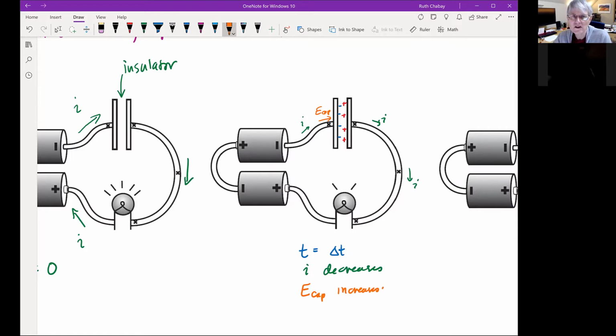And so the bulb isn't as bright because these incoming electrons are repelled by the capacitor, and they're slightly attracted to the other side of the capacitor. So the net result is that the electron current decreases.